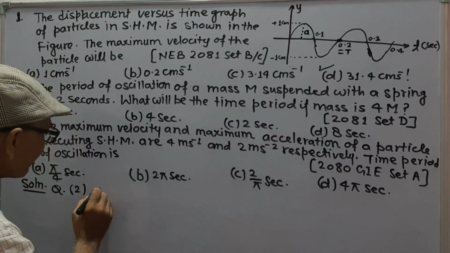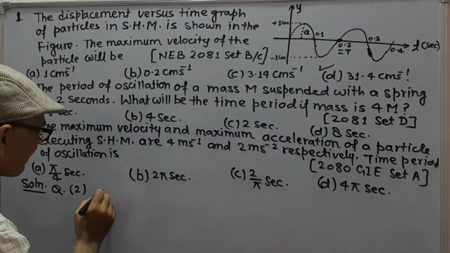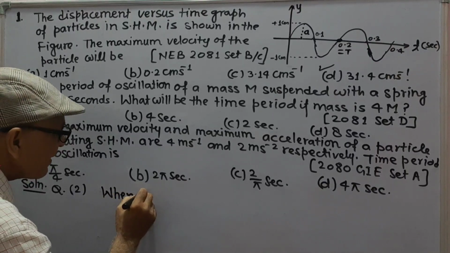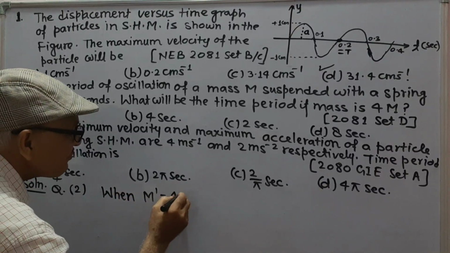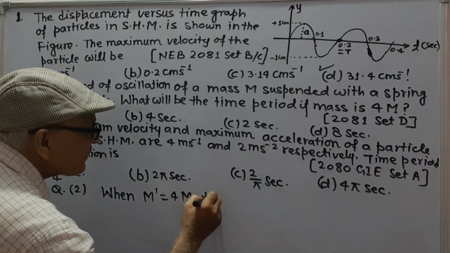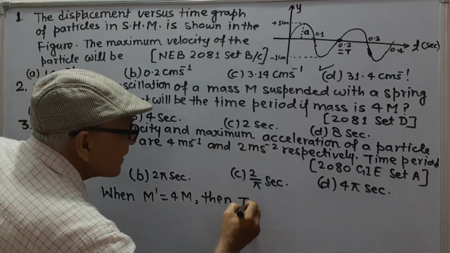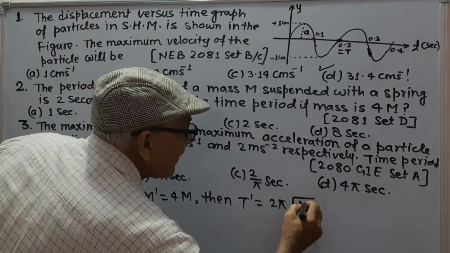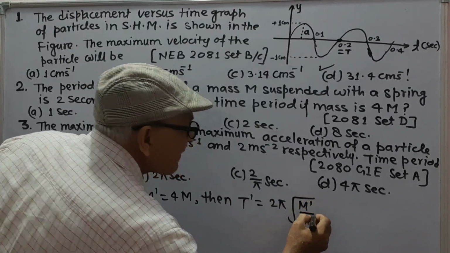When the mass is m, and when m dash is equal to 4m, then T dash will be equal to 2 pi under root m dash upon k.